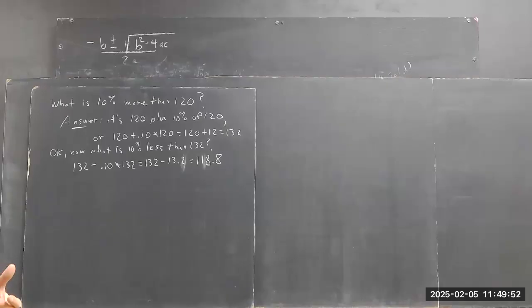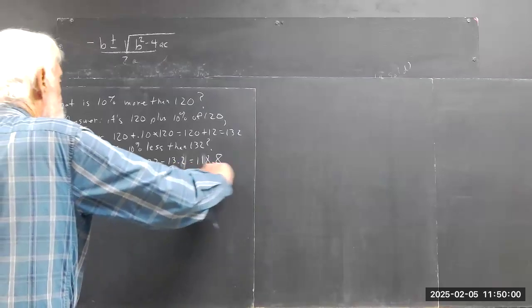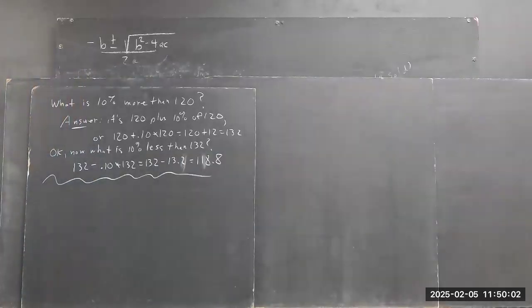So we started with 120, we ended up with 90, and we went up 50% and then down 50%. So it's worth thinking about. I'm not sure that it appears in open math because I didn't have time to write a problem.